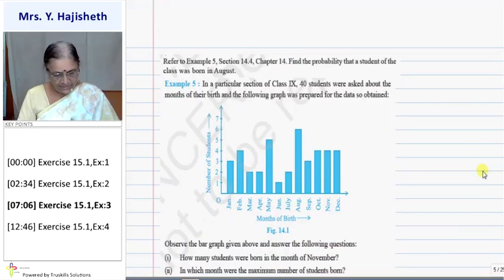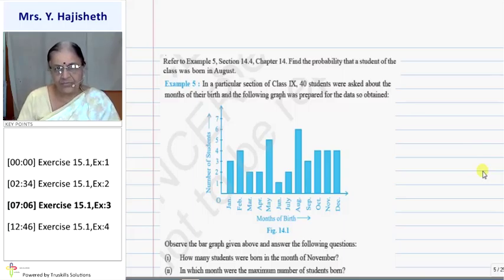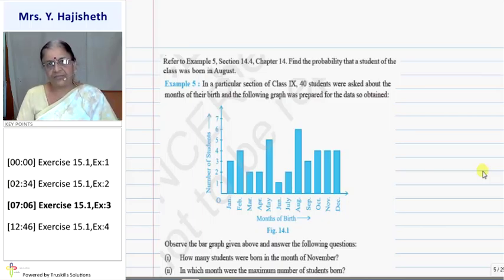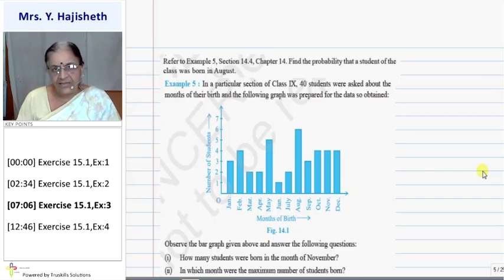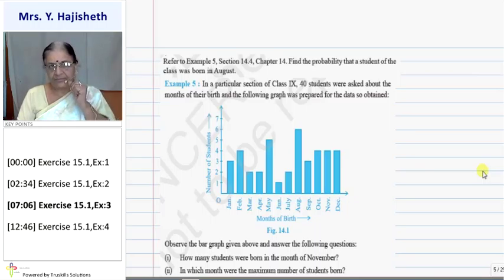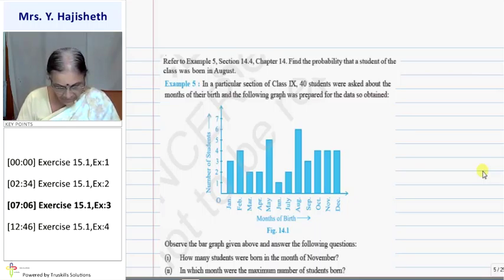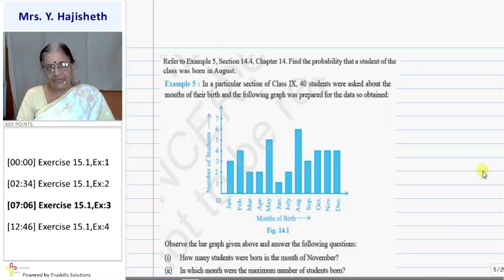Look at this sum. In a particular section of class 9th, 40 students were asked about the month of their birth. Okay. And the following data is obtained.